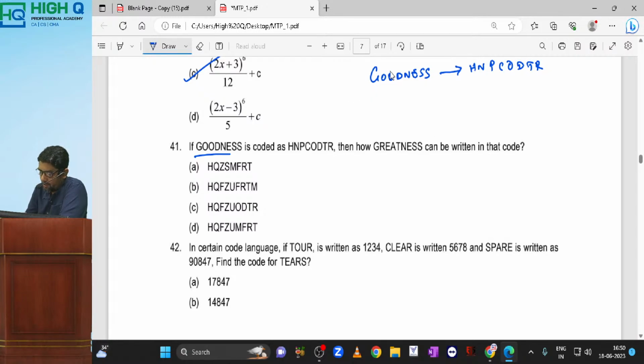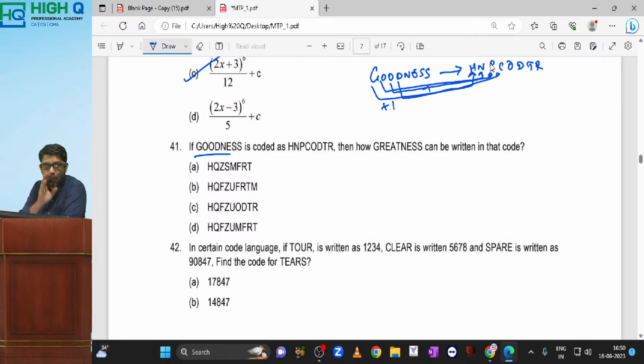See, GH. Am I right, my dear? That is plus 1. ON. That means minus 1. See, first letter, that is one is forward, second one is backward moving. Now third one is what? OP. Yes, forward. D, C, backward.